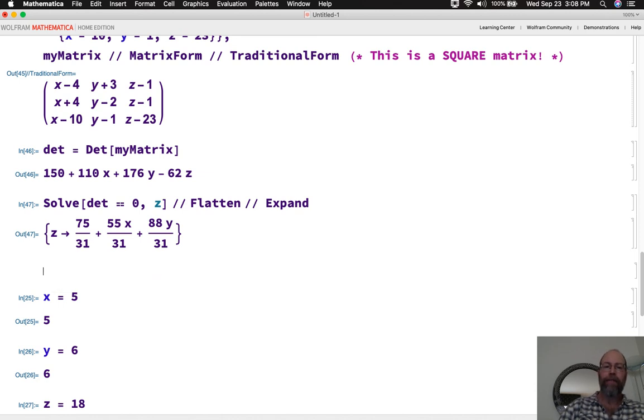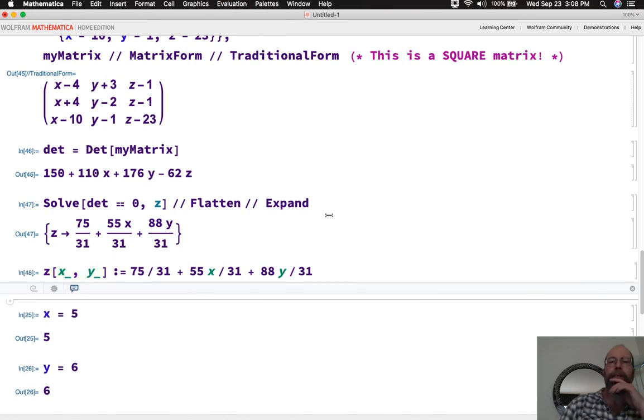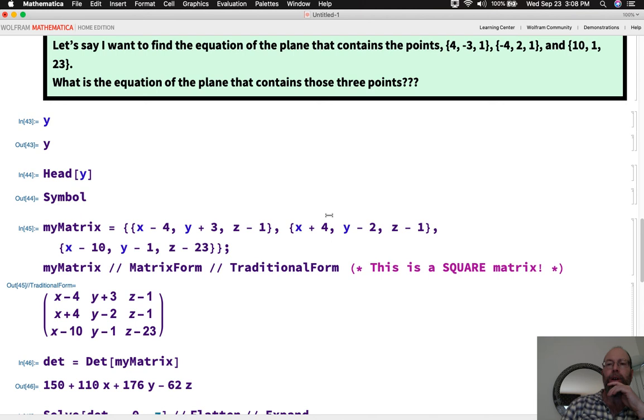Let me define my function. Z of x and y is equal to 75 over 31 plus 55 times x over 31 plus 88 times y over 31. Now let's see if that actually works.